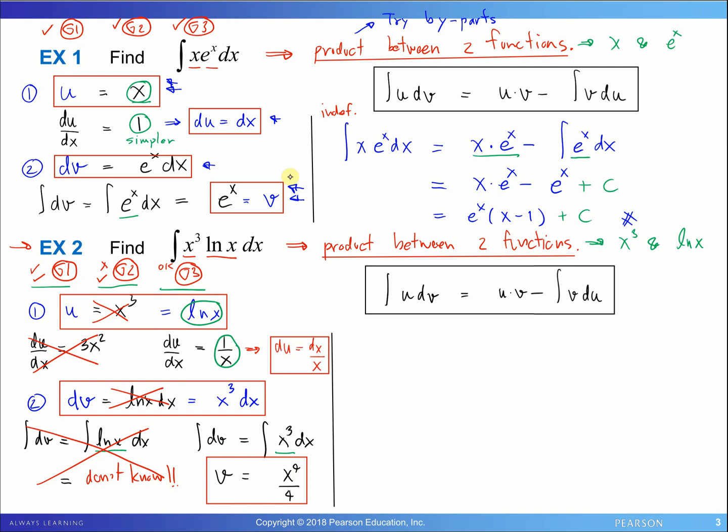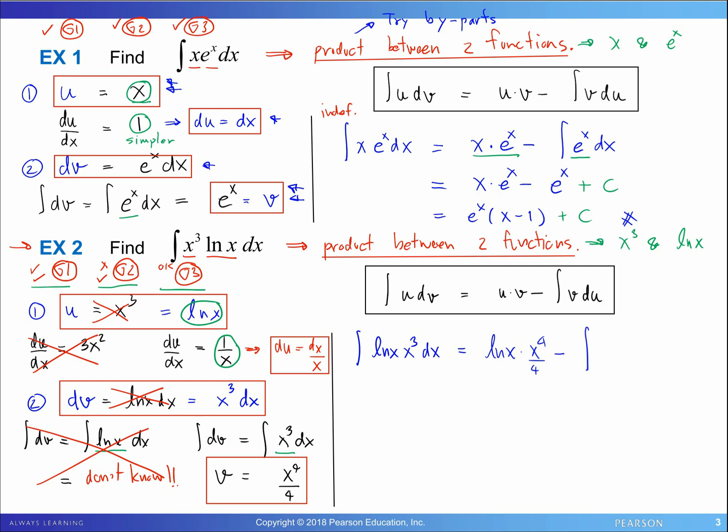Integral of u dv. u is equal to ln x, dv is equal to x cubed dx. Equal to u times v. u is ln x, and v is x to the fourth divided by 4, minus integral of v du.